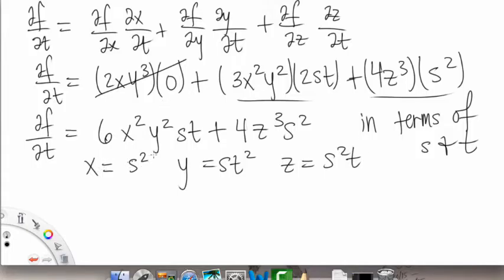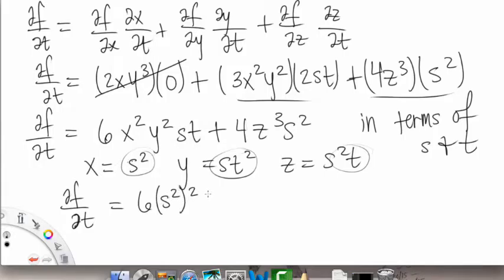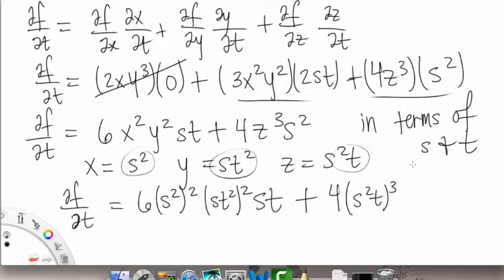So we're just going to plug in all of these things wherever we see an x, y, or z. So our partial f, partial t is going to end up being 6 times x squared, which is now s squared, times y squared, which is st squared, and then our st was just sitting there, plus 4z cubed, where z is now s squared t, all of that cubed. And then we have our s squared there.